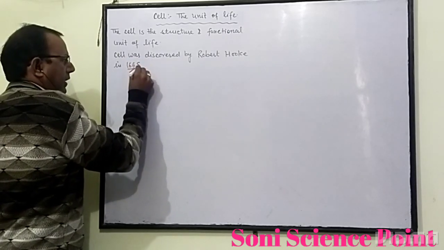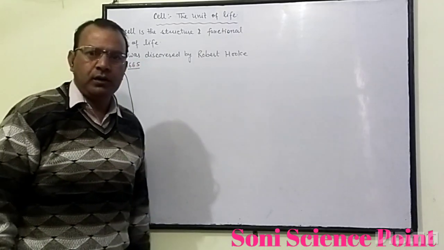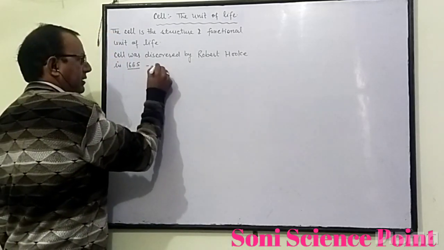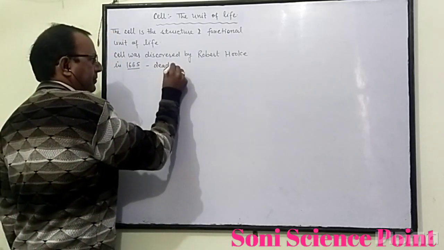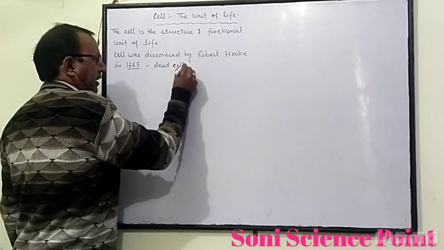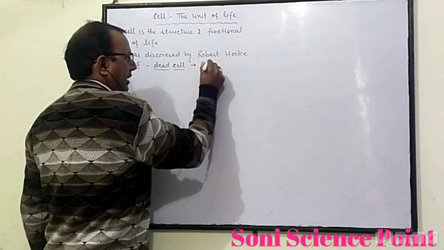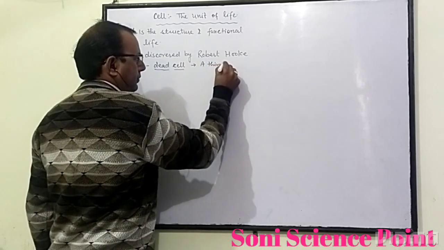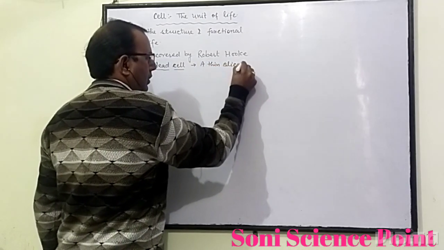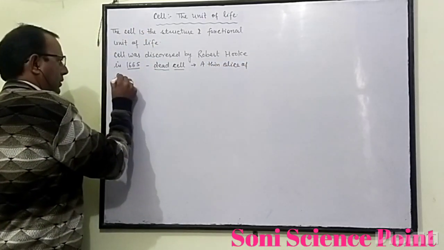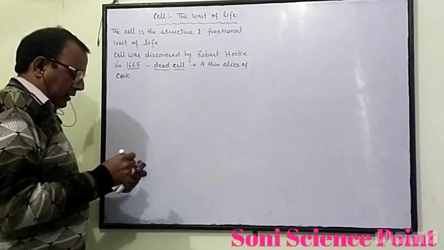But the cell which was discovered by Robert Hooke was a dead cell. It was observed in a thin slice of cork.